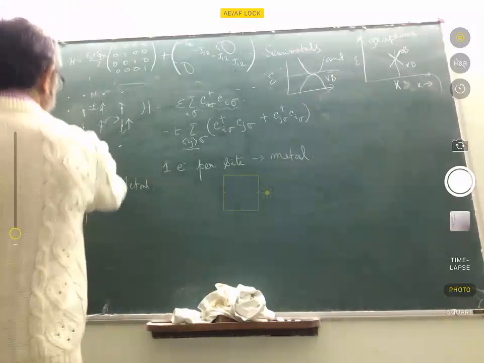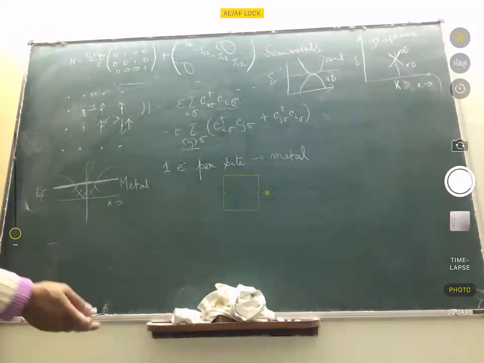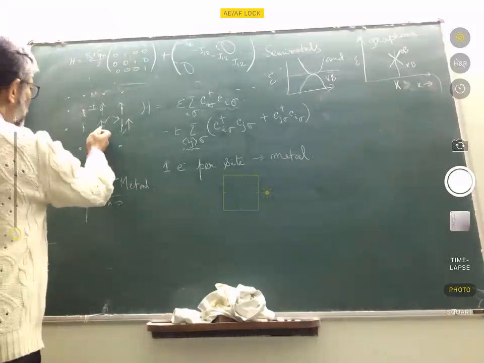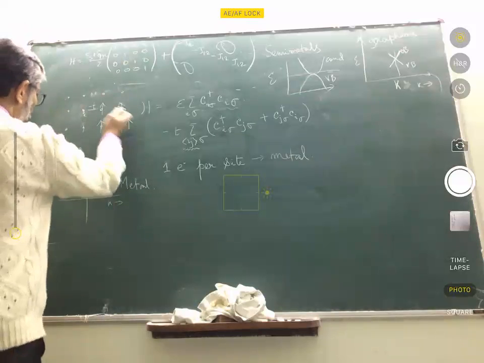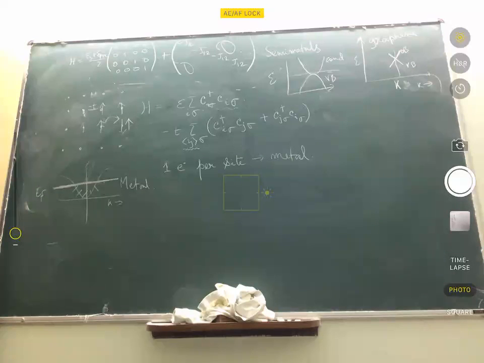So when I say the system is metallic, the electron can conduct current. I have a partially filled band. This conduction involves hopping of these electrons, and whenever electrons hop, there have to be two electrons on the same site, on the same orbital.